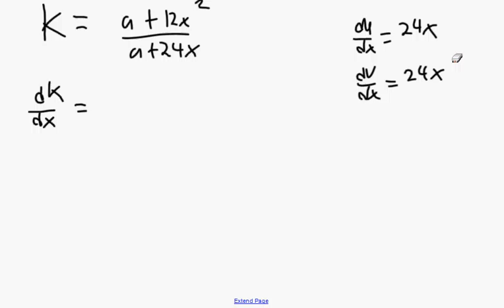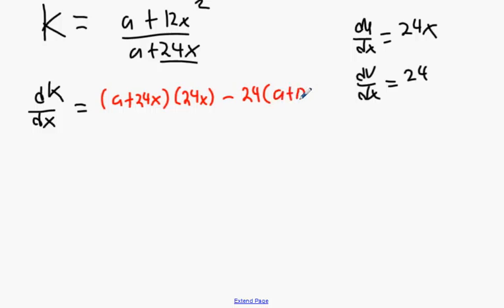Now, 24, not 24x, because it's that part there. What we're doing here is v times the u dx minus u times the v dx, which is 24 times 12x squared, all over v squared. It's not easy, okay?